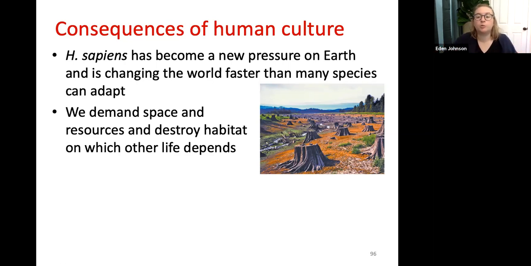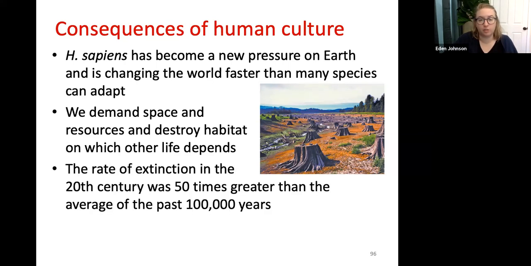So when we destroy habitats like this, we're just contributing to the struggle for survivorship. Now, the extinction rate in the 20th century was 50 times higher than the average extinction rate over the past 100,000 years. So we are greatly increasing the rate of extinction, much past just background extinction rate, which would happen even if we were not contributing the way that we are.